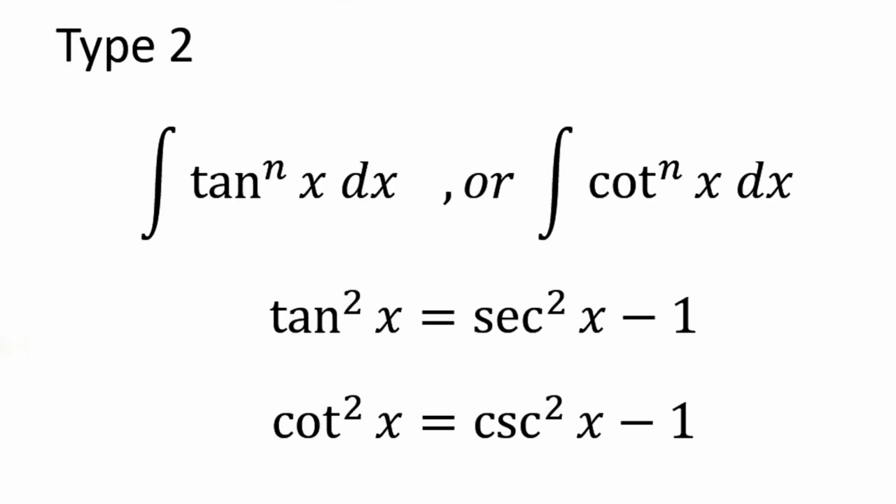In type 2, we have the integral of tan raised to n x dx, or the integral of cotangent raised to n x dx, which can be transformed using the Pythagorean trigonometric identities. That's why we have tan squared x is equal to secant squared x minus 1, and cotangent squared x is equal to cosecant squared x minus 1.